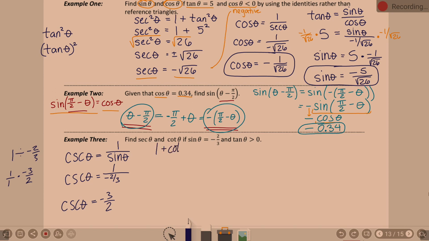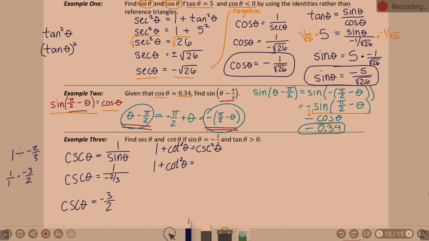1 plus cotangent squared theta is equal to cosecant squared theta. Plug in what you know. 1 plus cotangent squared theta is equal to, how do I do cosecant squared theta?